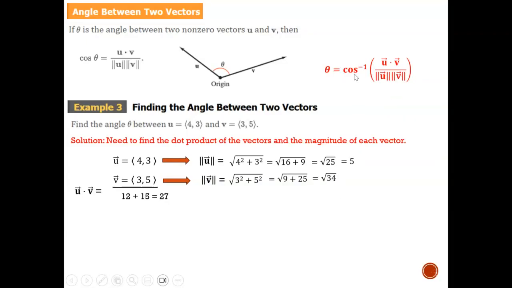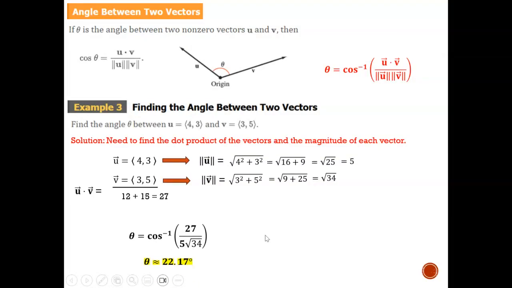Now, for the last step, to get the answer, we put them all together. The dot product was 27. The magnitude of u was 5. And the magnitude of v was the square root of 34. Put that in your calculator, guys, and you're going to get your answer.